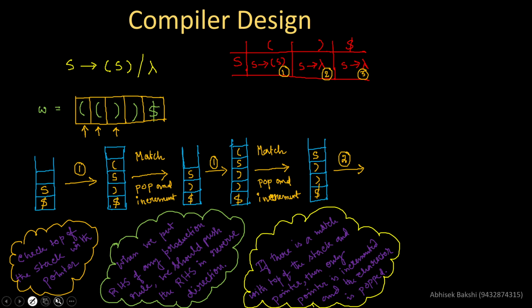Number 2 will work means the content of the stack will look something like dollar, closing brace, closing brace. That's all, right? And after doing this, you see we have a match again, right?